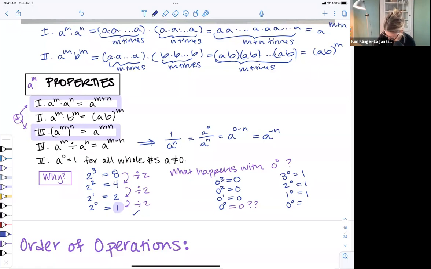So following this pattern, I would expect 0 to the 0 to be equal to 1. And these things are not the same, right? So we can't have 0 to the 0 being both 1 and 0, and that's why 0 to the 0 is undefined. Just like division by 0 was undefined when we talked about division.